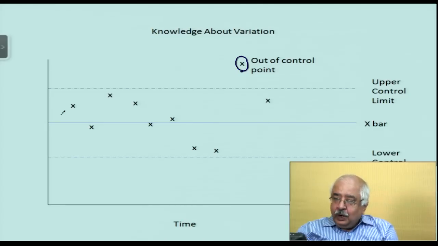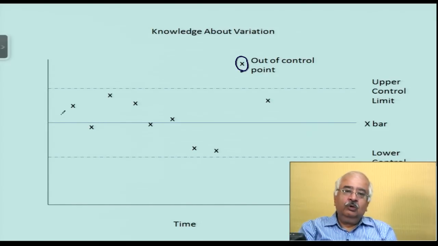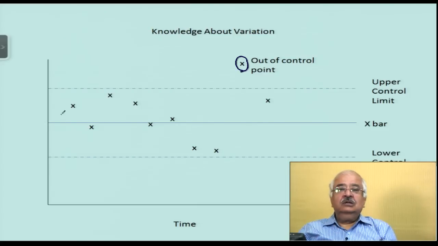It requires a person who understands the process, who has subject matter knowledge about that process, to make the statement that as long as all the performance points lie between the upper and the lower control limits, that system is in statistical control, or it's a stable system. That is a subject matter judgment.